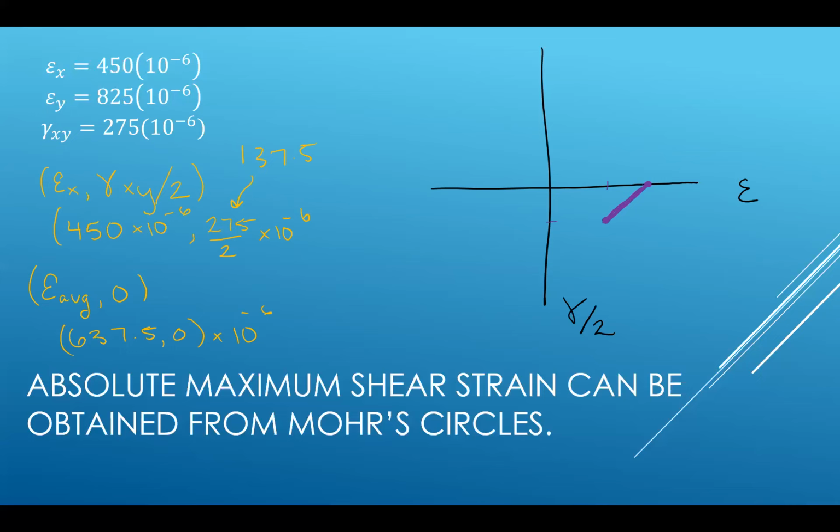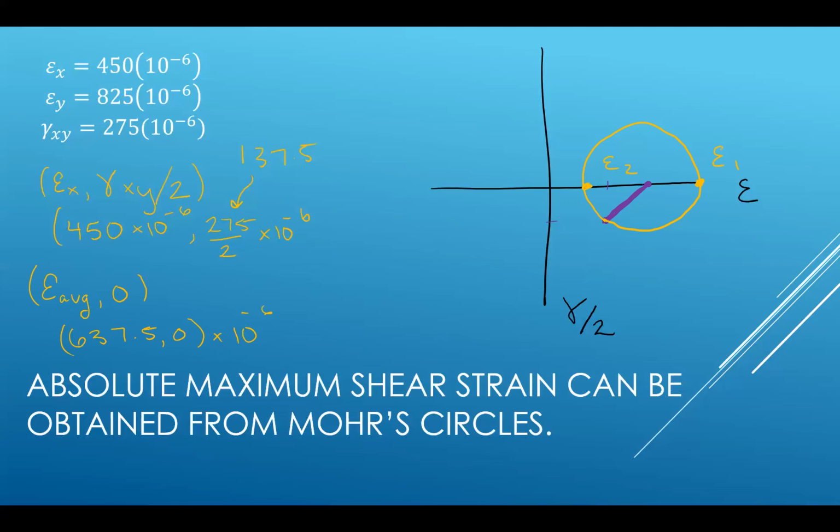That then becomes our initial orientation of our element, and we can rotate that all the way around. It should look something like this. That is my in-plane rotation. It passes through my 2 in-plane principal strains.